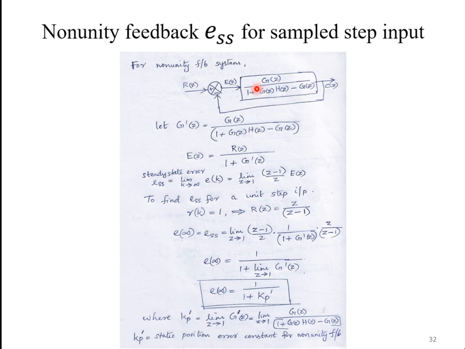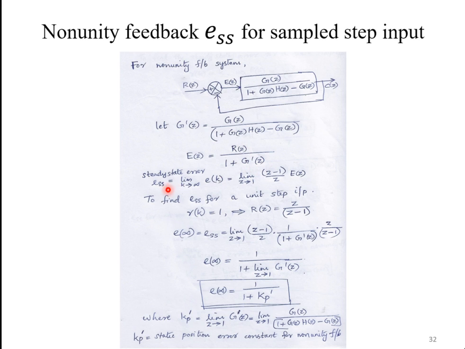If you write this as G'(z), then you end up with E(z) equal to R(z) minus C(z), and C(z) is nothing but G'(z) into E(z). So E(z) equals R(z) minus G'(z)E(z), and you will get E(z) equal to R(z) by 1 plus G'(z).